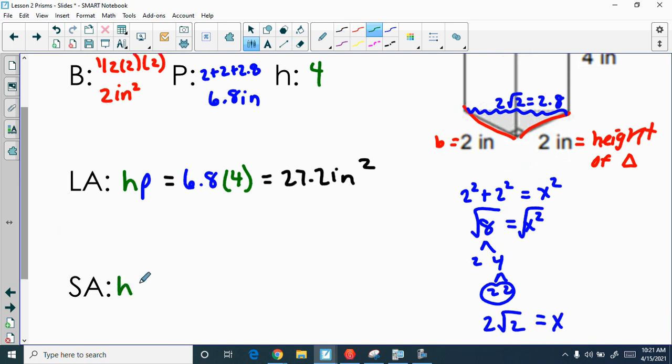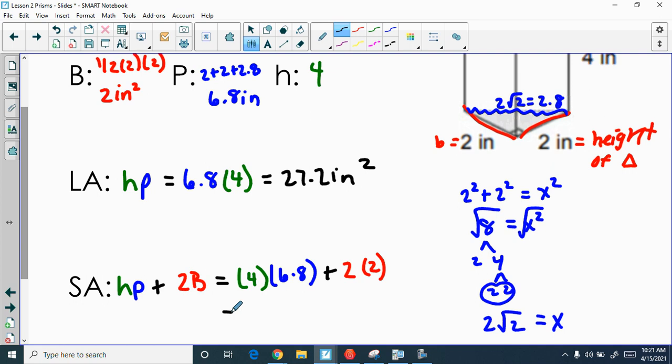Okay, then we're going to do our surface area. So height times perimeter plus 2 times the area of the base. So we're going to have 4 times 6.8 plus 2 times big B, which was also 2.